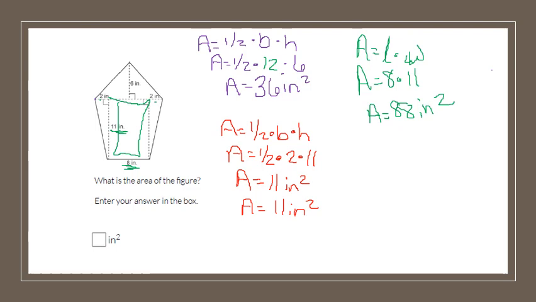So my last step is just to take all my numbers and add them up. 36 plus 11 plus 88. And I get that my area is 135 inches squared.